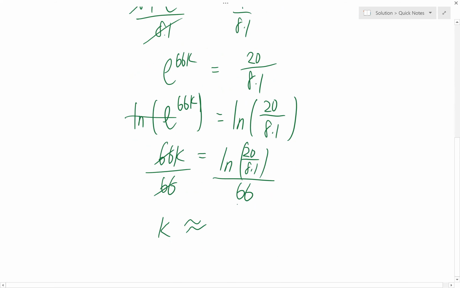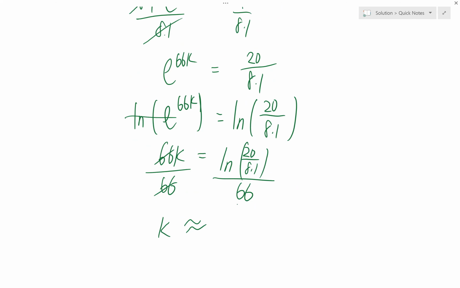And typically we round it to 4 decimal places before turning to percent. So let's see, ln of 20 over 8.1 divided by 66.